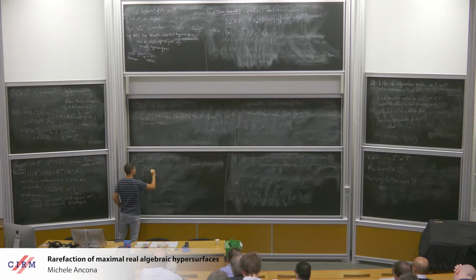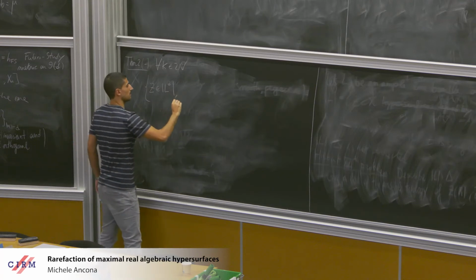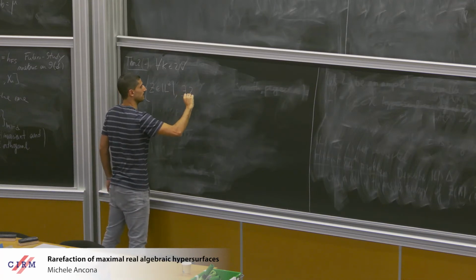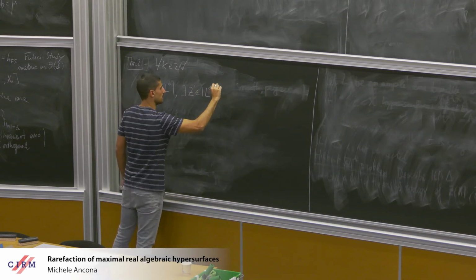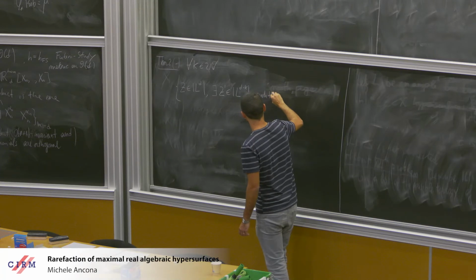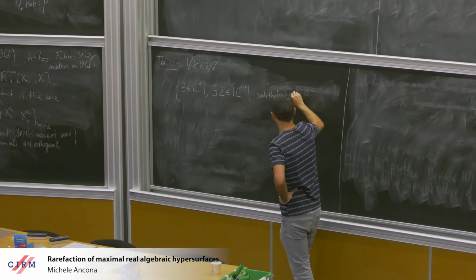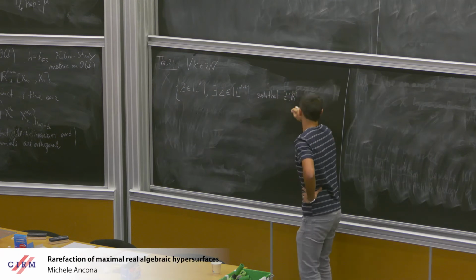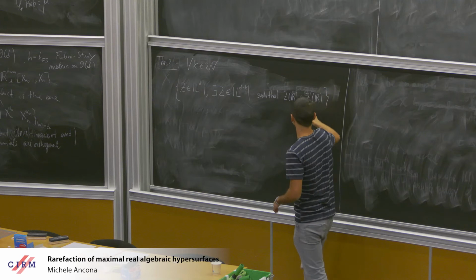This is the set of degree D hypersurfaces Z such that one can find a degree D minus k hypersurface Z prime with the following property. The real locus of Z is isotopic to the real locus of Z prime.